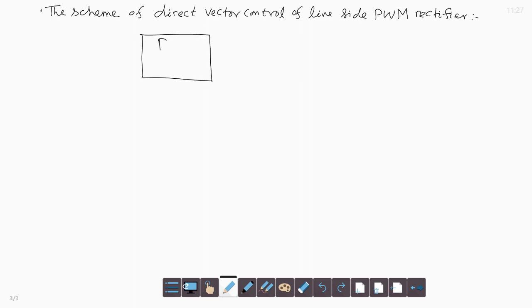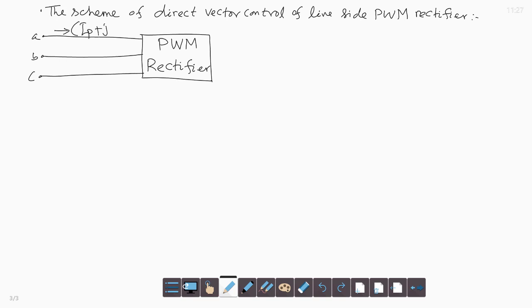So, this is the PWM rectifier, line side PWM rectifier. Three phases are in three phase input, and this is the current input, that is IP active component plus j times IQ.